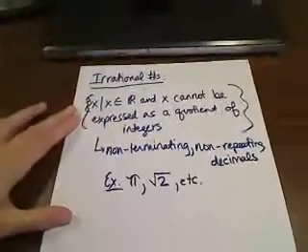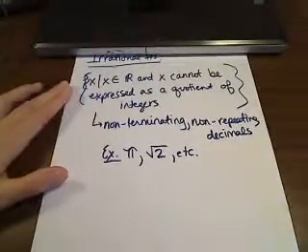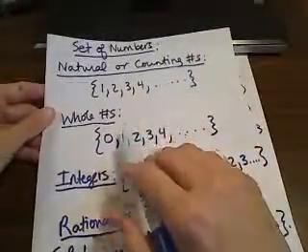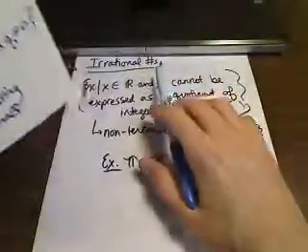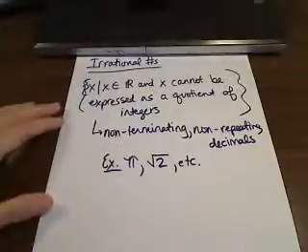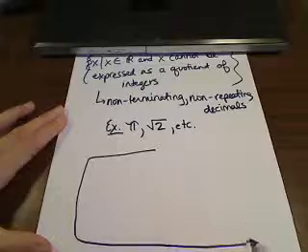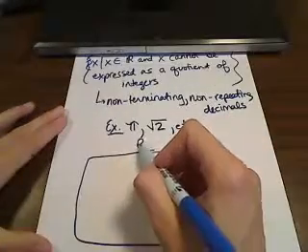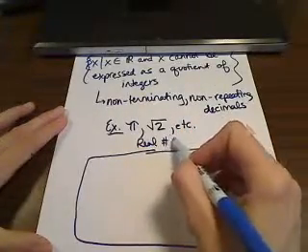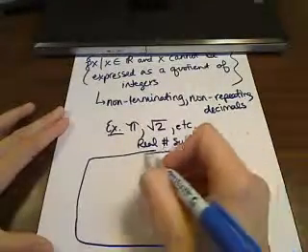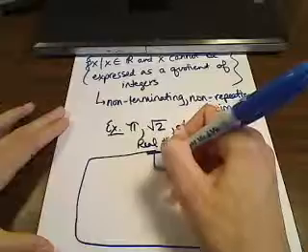Okay, so just to give you an idea of how all of these relate to each other. Remember that we have the naturals, the whole numbers, the integers, the rationals, and then the irrationals. And if we were to draw this real number system, all of this comprises the real number system. Okay. And the real number system, we can divide this up so that it looks something like this.